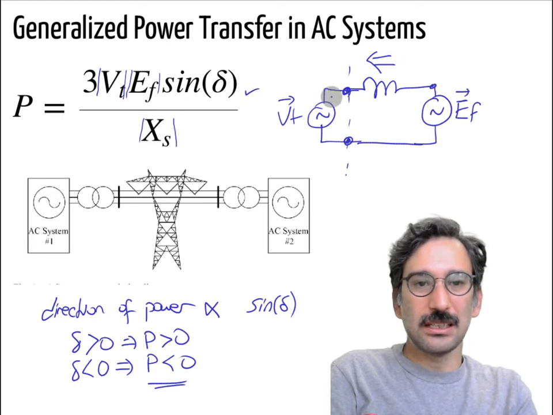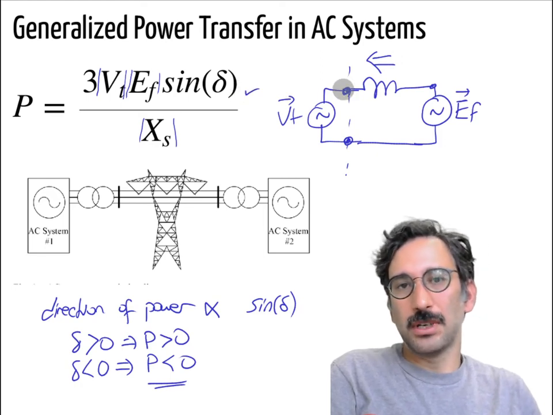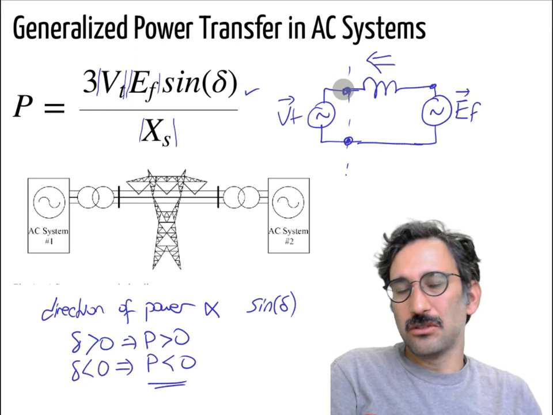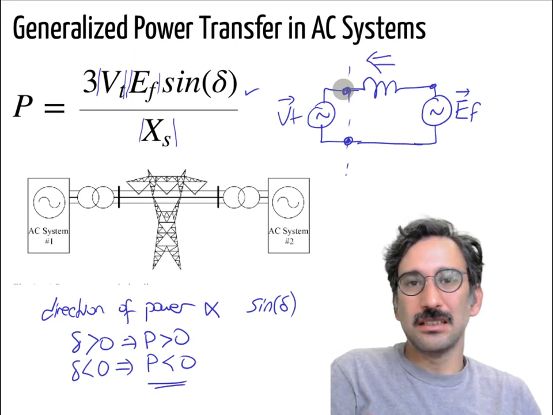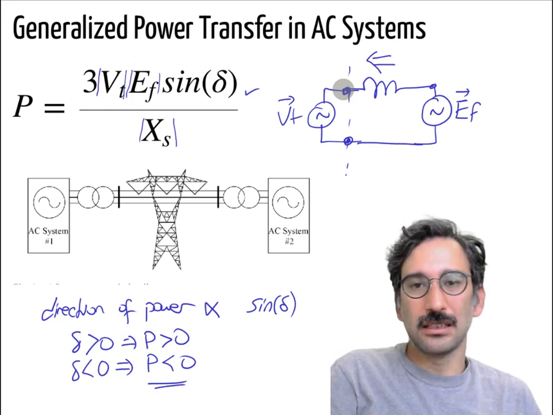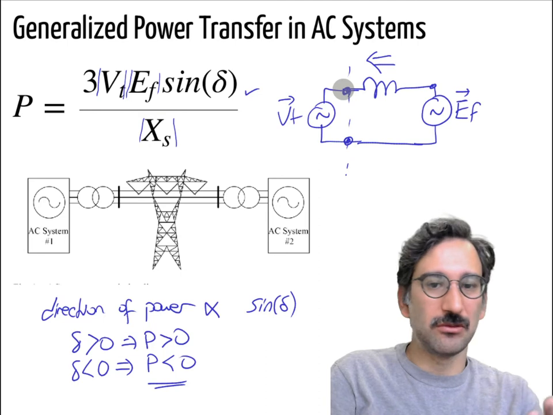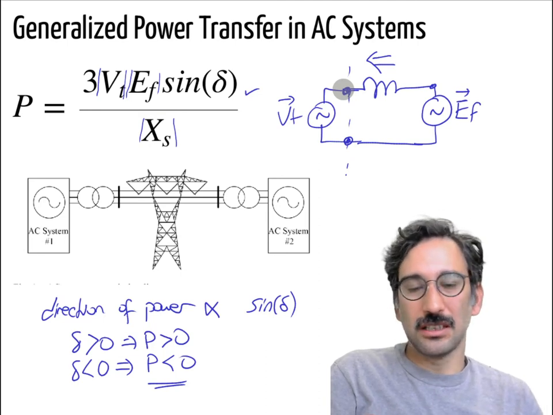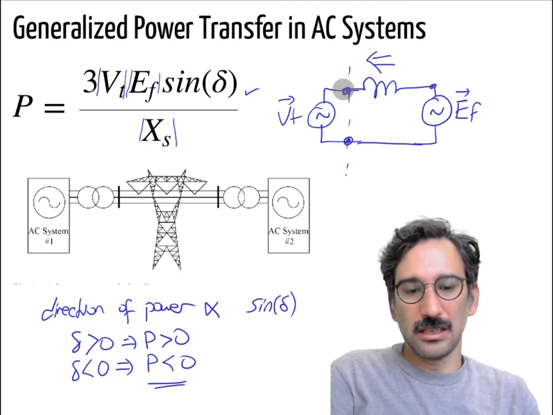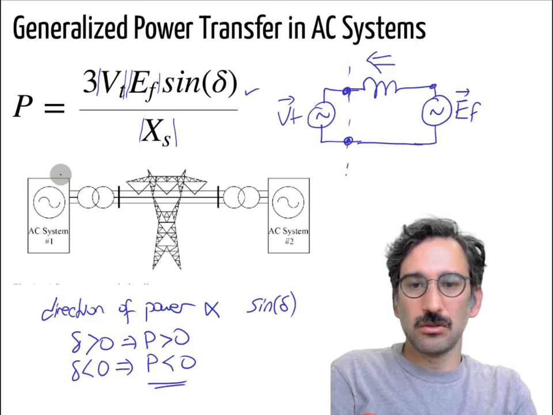And that is the important part, and that is not only for synchronous machines. Look at the title. This is the generalized power transfer in all AC systems, and an AC system doesn't have to be just a synchronous machine. You can have one AC system on one side and another AC system on the second side.